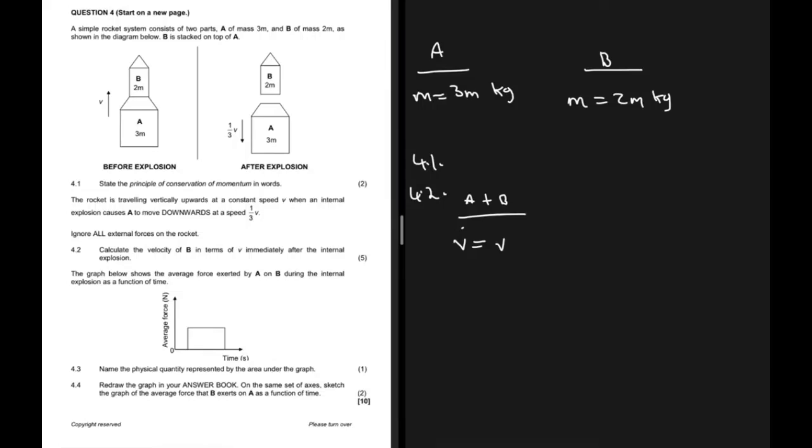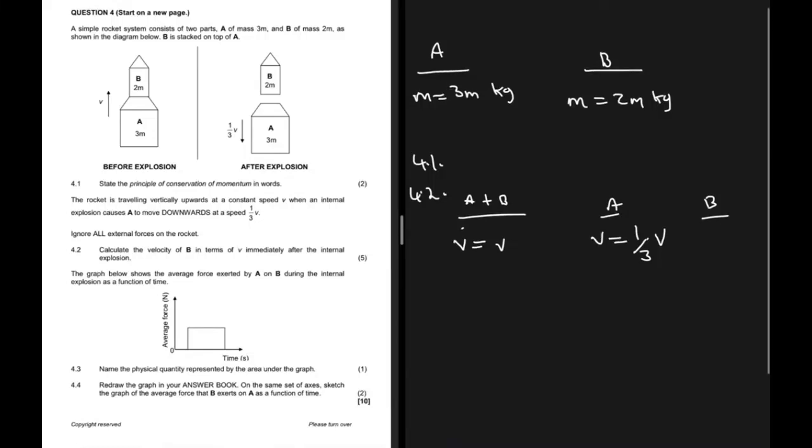So there's an internal explosion, and now A is moving downwards at 1 divided by 3v, right? And then for B, we don't know what is going on. The question says ignore all external forces on the rocket. Calculate the velocity of B in terms of v immediately after the internal explosion.